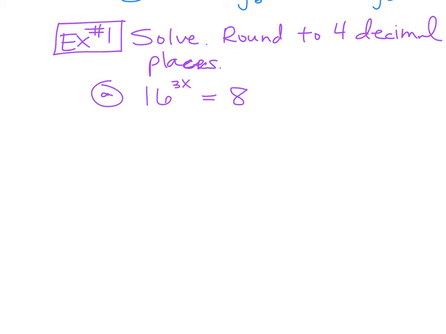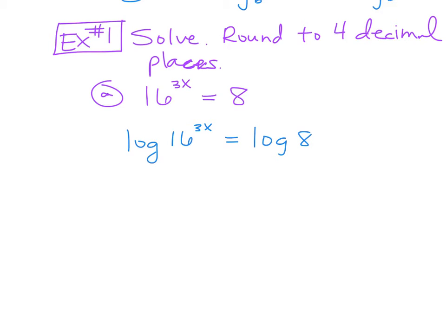There is nothing on the left side of our problem that does not involve our exponent right now. Okay, so this one has been isolated for you. You don't have to do step 1 on this. So step 2 is to do what? Take the log of both sides. So we're going to say log 16 to the 3x power equals log 8. Okay, that was step 2.